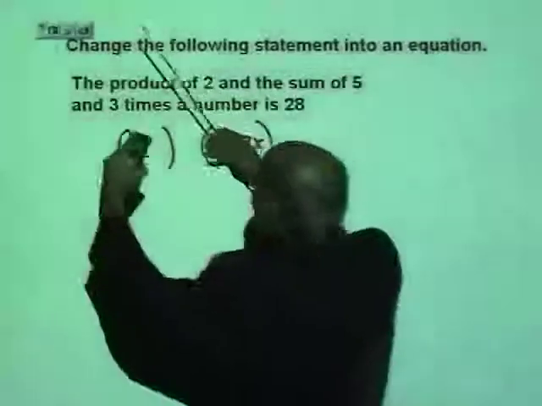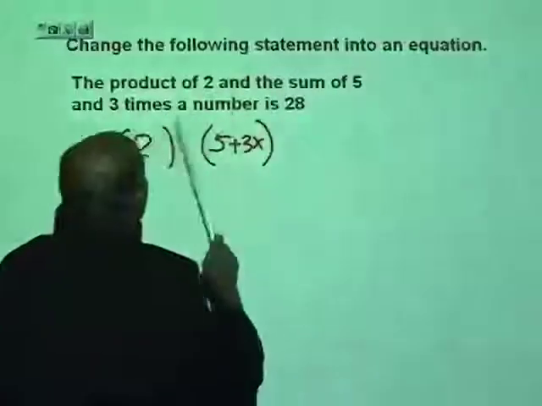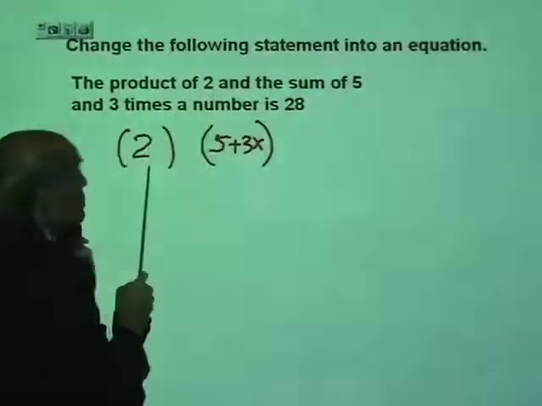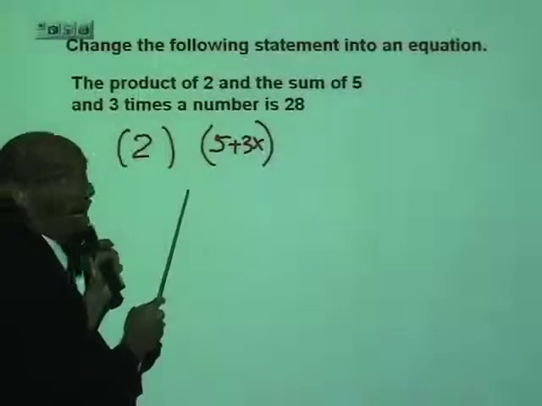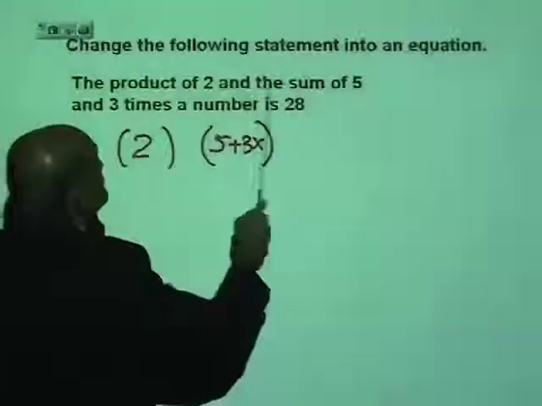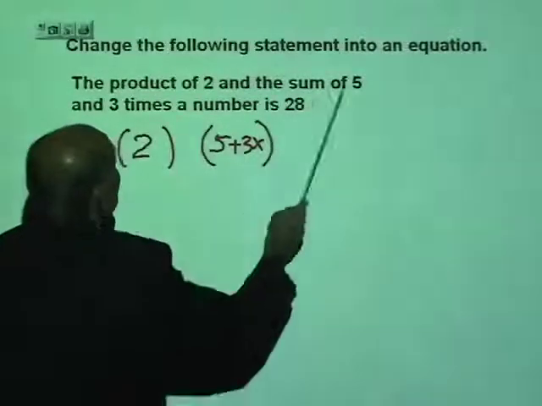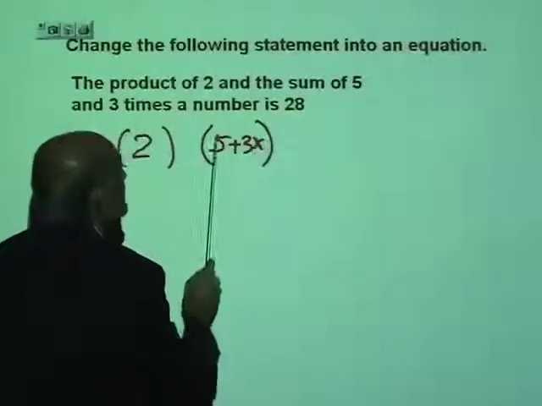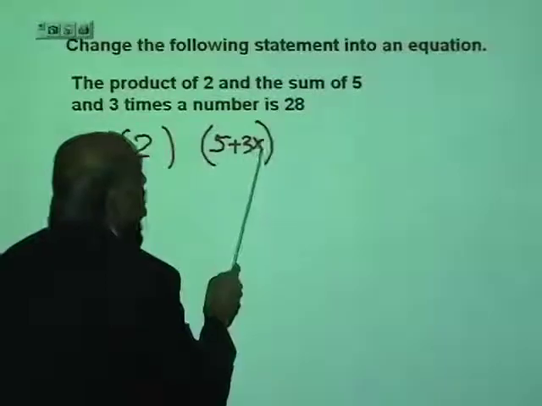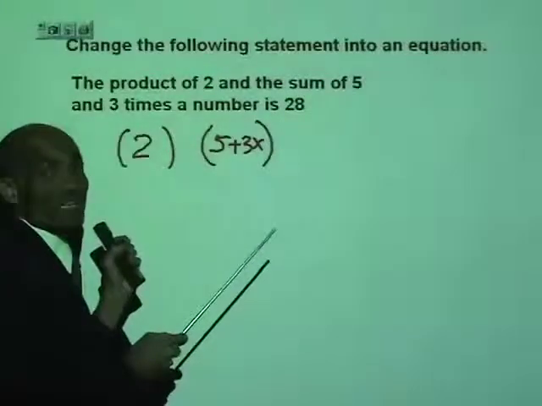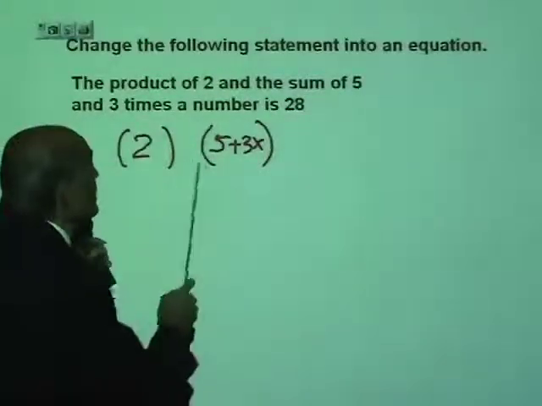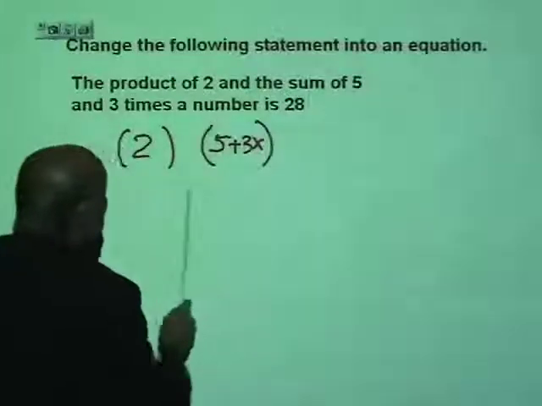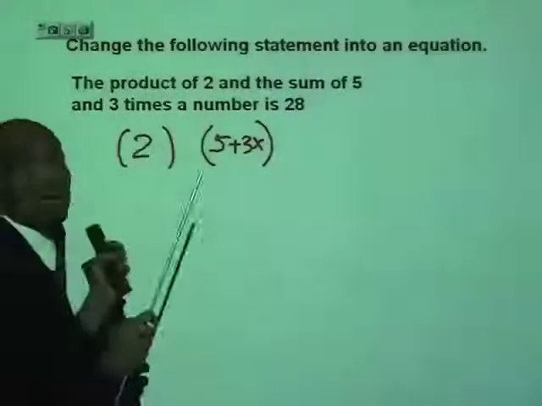So the product of 2, look at this. You have the product of 2 numbers. What are they? The product of 2 and what else? The sum of 5 and 3 times a number. The sum of 5 and 3 times a number is 5 plus 3x. So this is the product that is described in here.